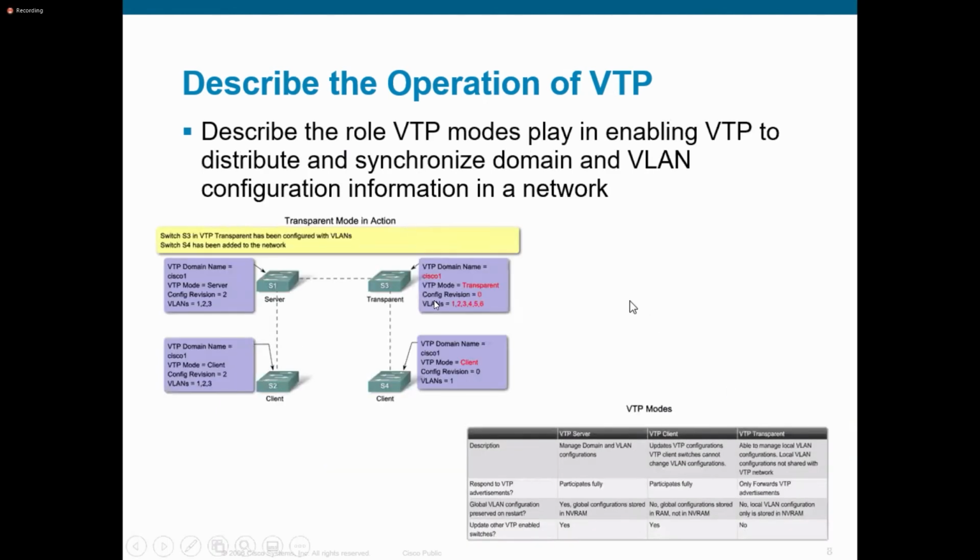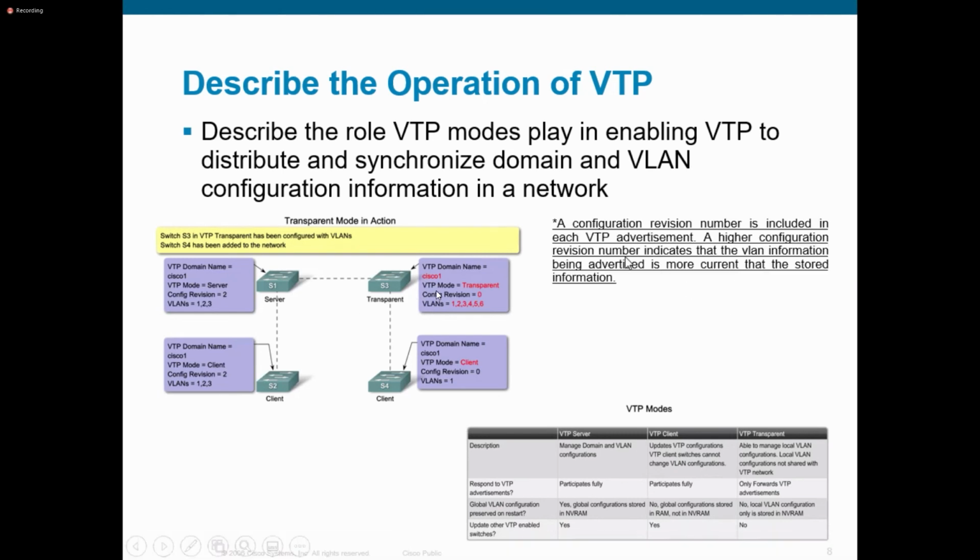I'll skip VTP since we already did it. We were able to prove it earlier, checking the switches from the server switch, switch 1. We were able to prove that in switch 0, switch 2, and switch 3, the VLAN database is the same as that of switch 1, the server.